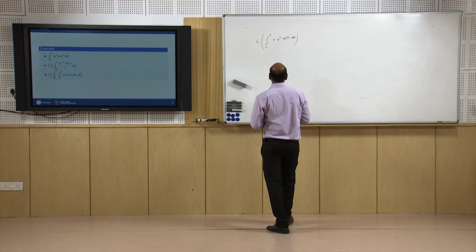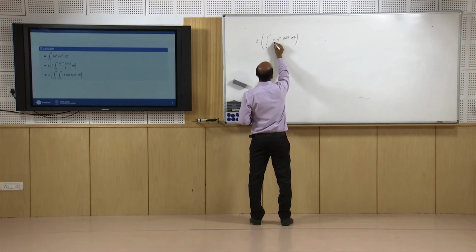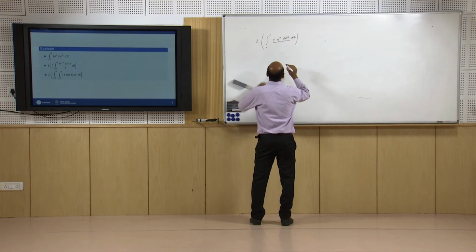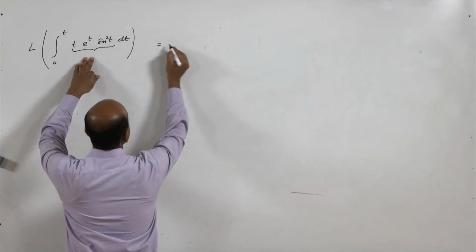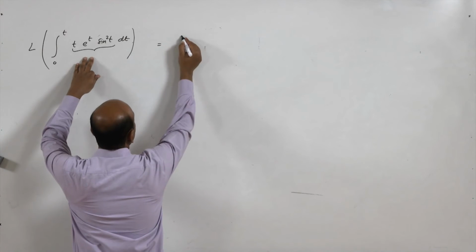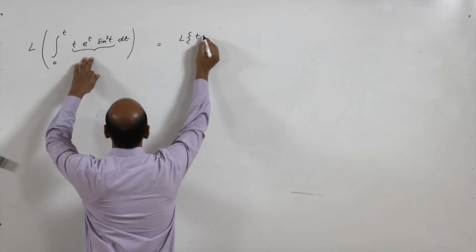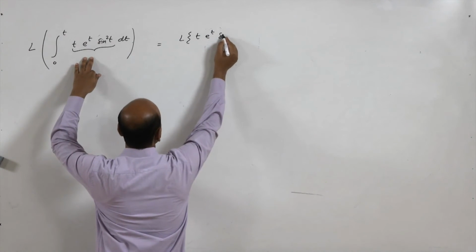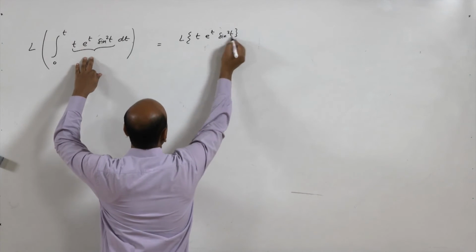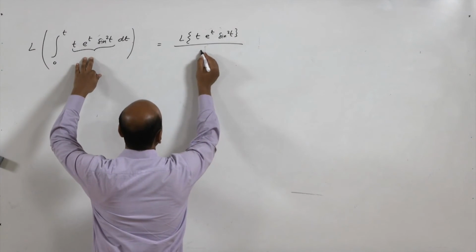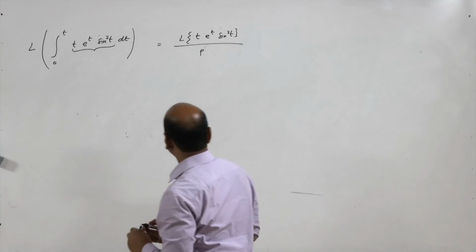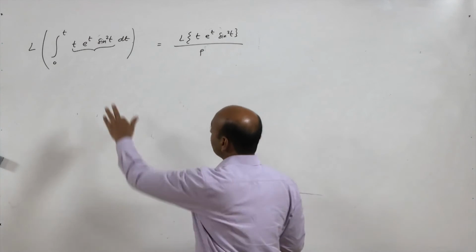For Laplace of this, first find this is f t. So, by this property this is nothing but F p by p, that is Laplace of t e to the power t into sin square t, divided by p, because this is f t.